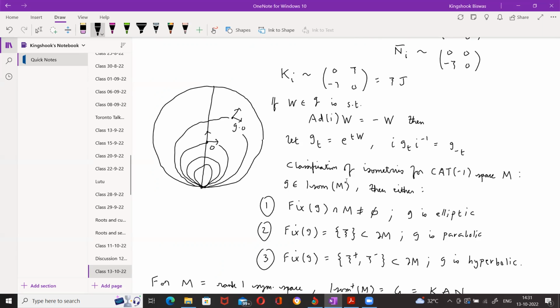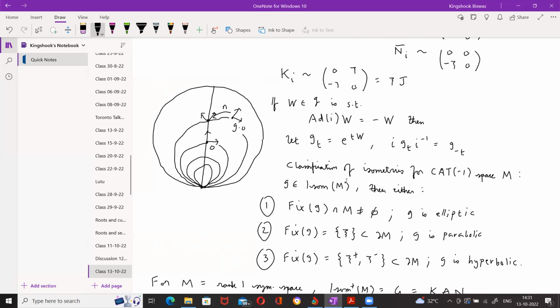So if I want to show that G is equal to KAN, I just have to show that any frame at any point, I can move to a fixed frame at the origin. How do I do that? First, I apply an element of N to move this point onto this geodesic, along this horosphere. So I get some frame here.